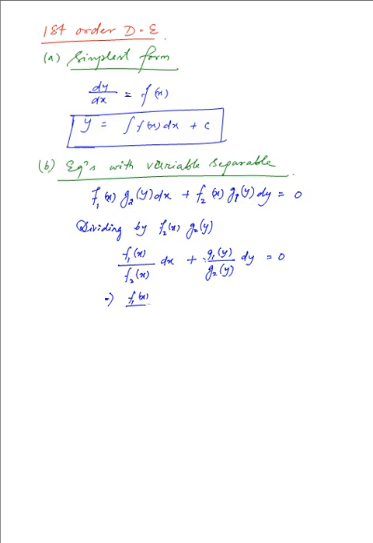So we integrate f1(x) over f2(x) dx with respect to x, and on the right hand side we can keep the y on the left and the x on the right. That doesn't really make a difference, as you are still going to end up with a positive sign on one side and a negative sign on the other. I have just taken the y onto the right hand side here.